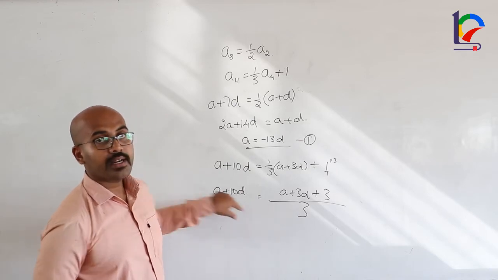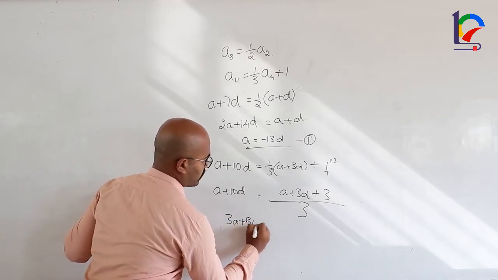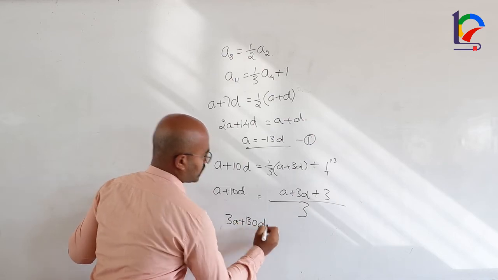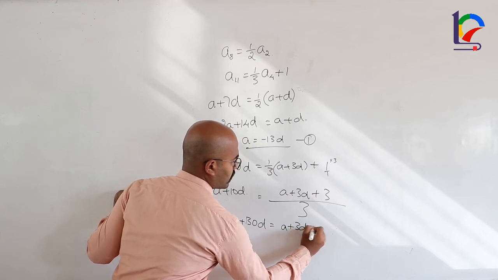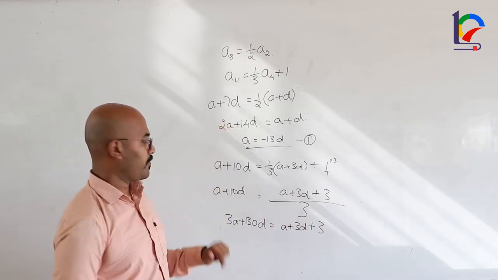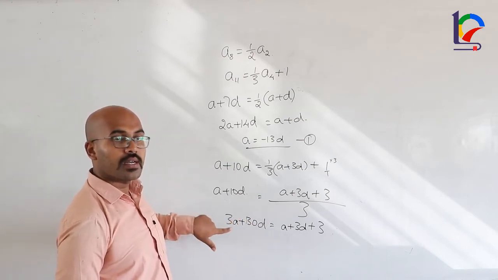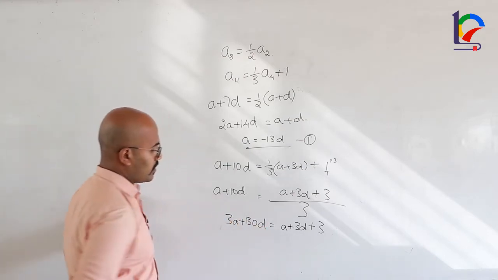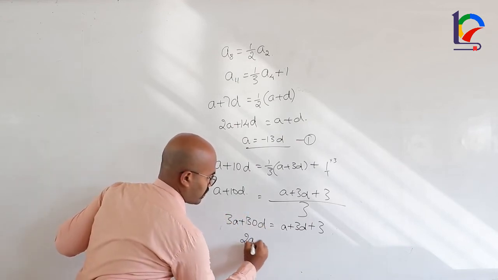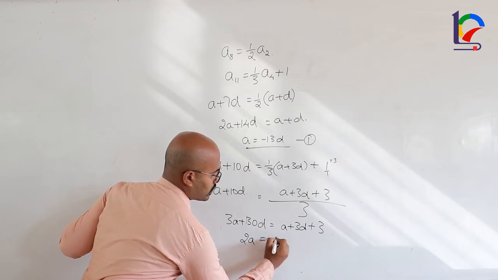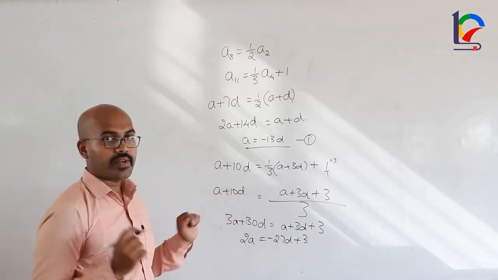So I will take 3 to the LHS: 3a plus 30d is equal to a plus 3d plus 3. When I take a to the LHS and 30d to the RHS, it will be 2a is equal to minus 27d plus 3.